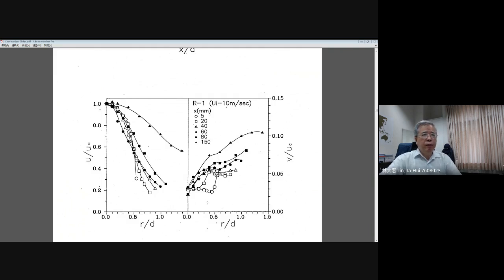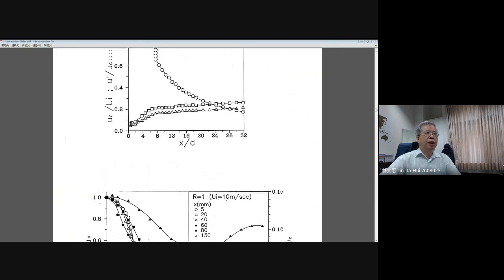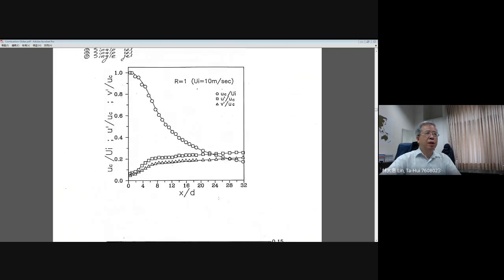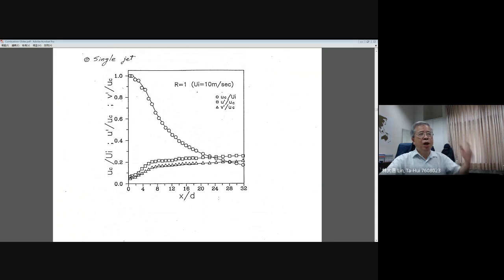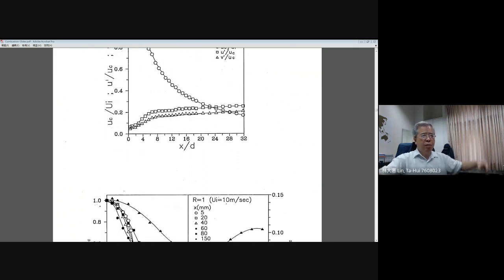But for x equal to 5, you can see the radial velocity starts to increase, and it will increase a little bit higher near the edge of the jet. In this experiment, basically we are looking at the so-called single jet. Single jet means that we just inject the air coming out from the tube into a stagnant environment.